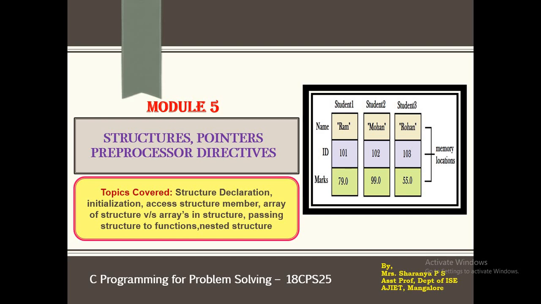In such a situation, arrays will be very complex. That is, I have to consider a separate array for name, ID and marks for one student, second student, third student, like that. It is a very complex task. In order to overcome these kinds of problems, let us now discuss structure.